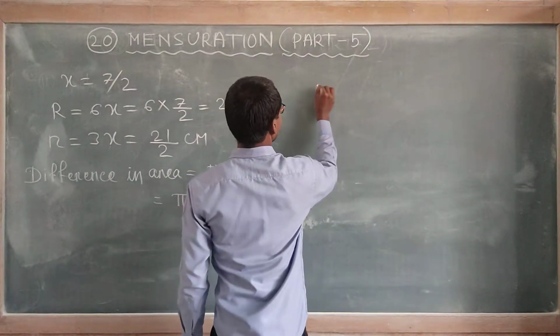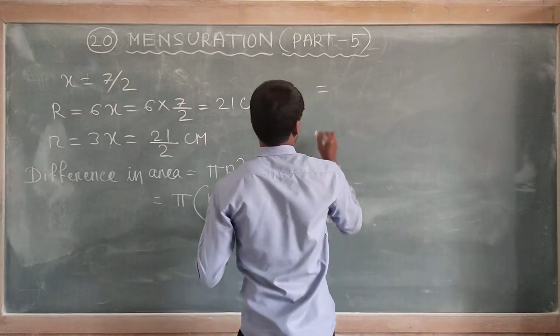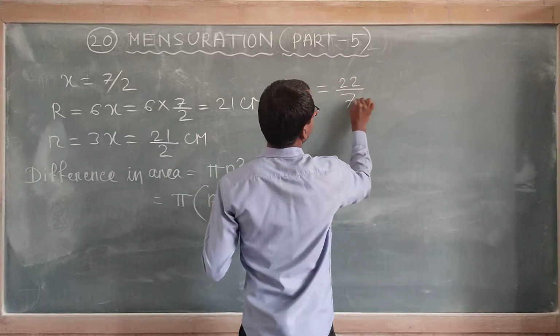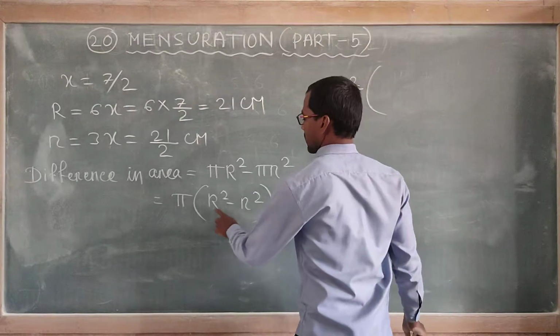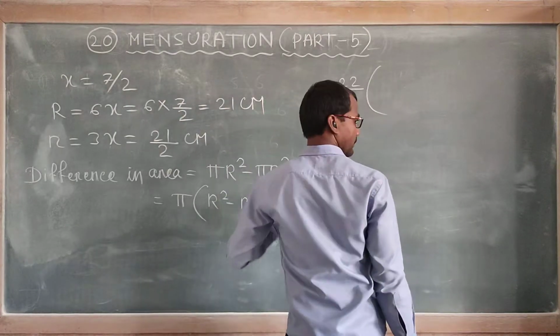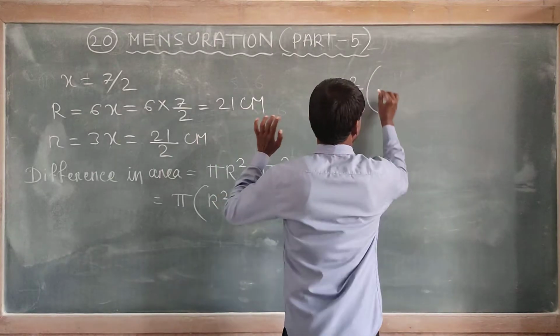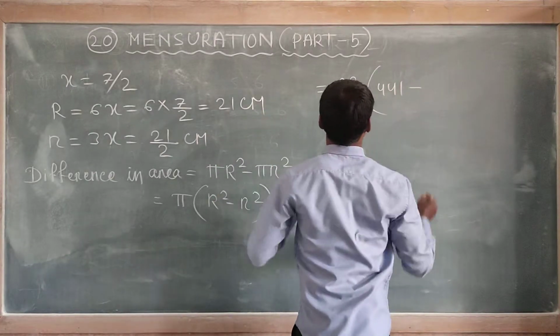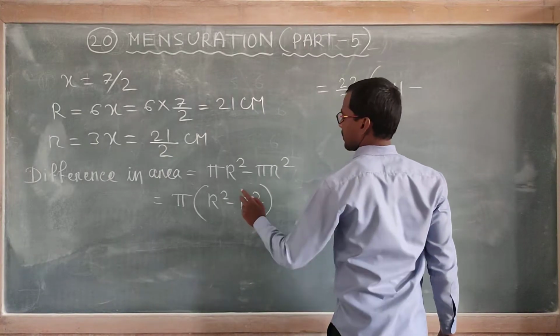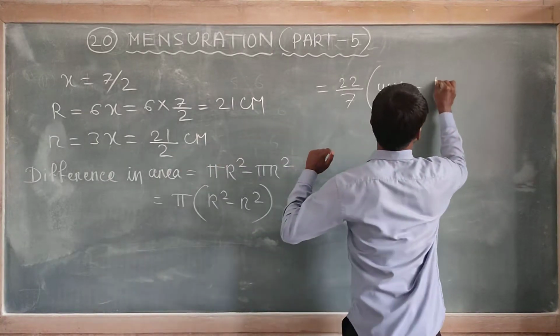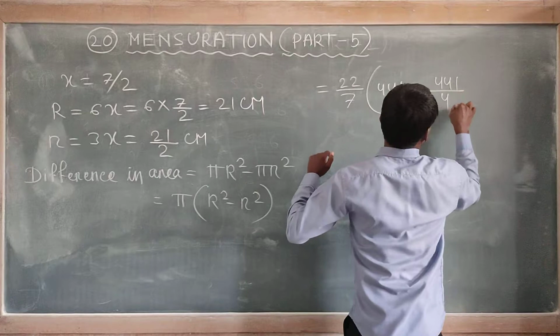Which is equal to pi is 22 by 7, R square means 21 square, which is 441. Then small r square means 21 by 2 whole square, which is 441 by 4.